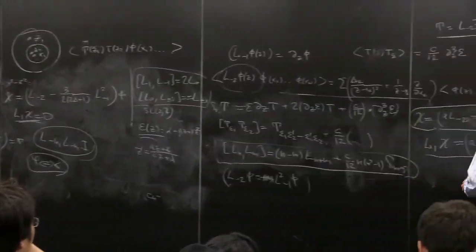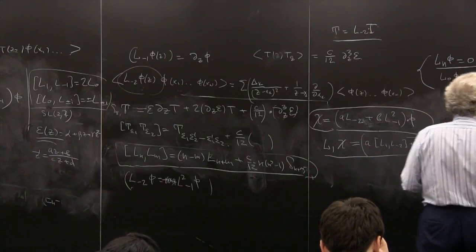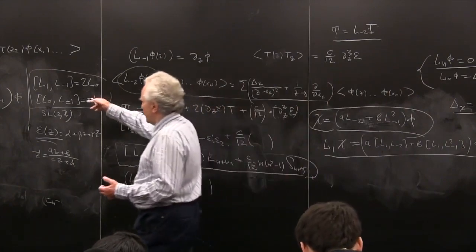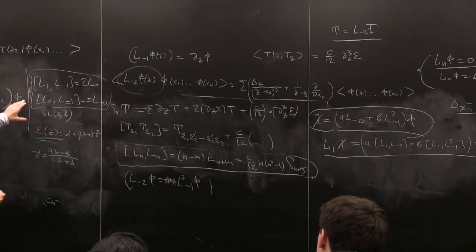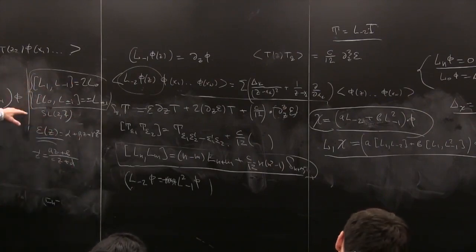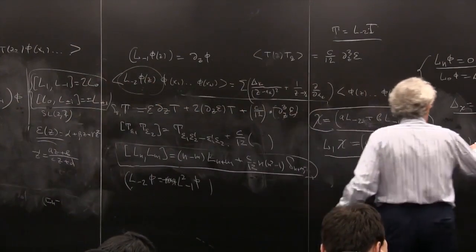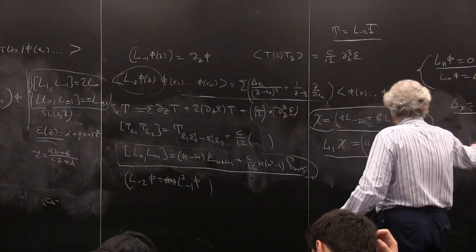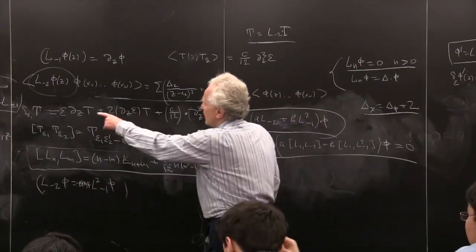The result is that we can describe two types of primaries: primaries with respect to this SL2R group only, which are sometimes called quasi-primaries, and primaries with respect to the whole group. Now, if we have a real primary operator, then at level 1 it annihilates and it gives us this formula.